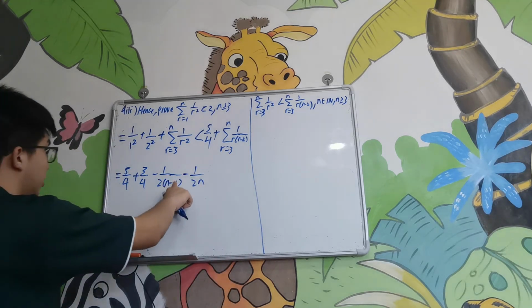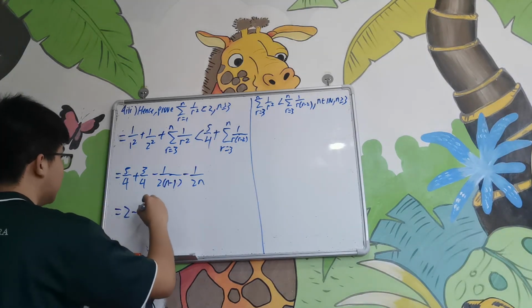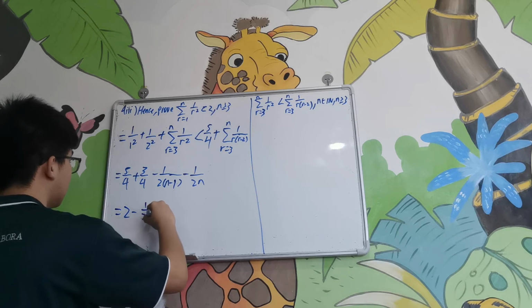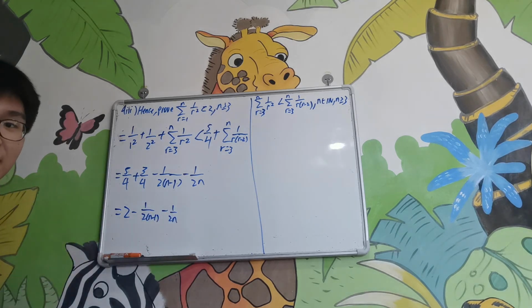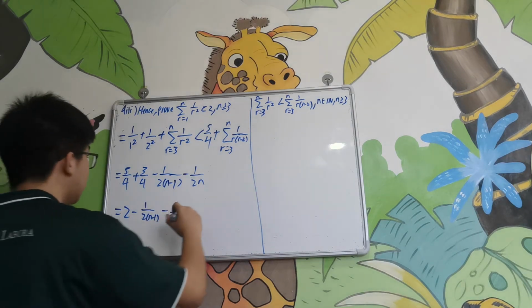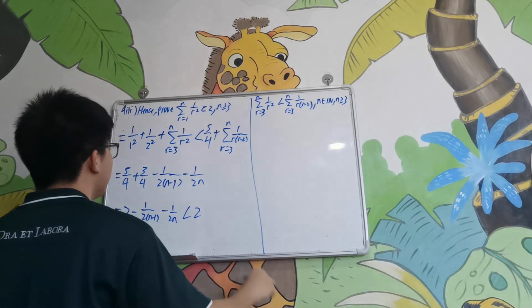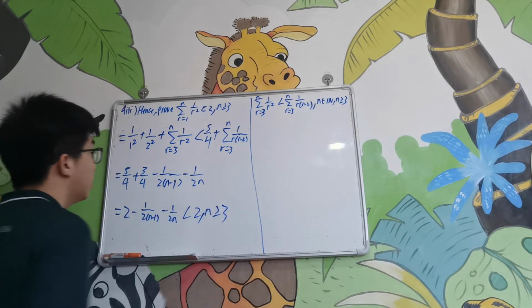No, I think this is n minus 1. And it's equal to 2 minus this thing, the whole thing. And you realize that no matter what n value you substitute, that is not infinity, this thing will always be less than or equal to 0 with the condition that n is more than or equal to 3.